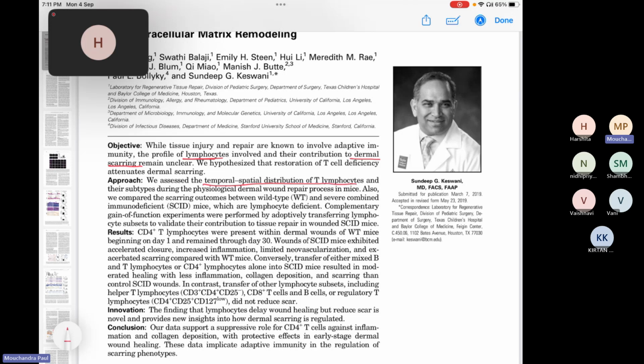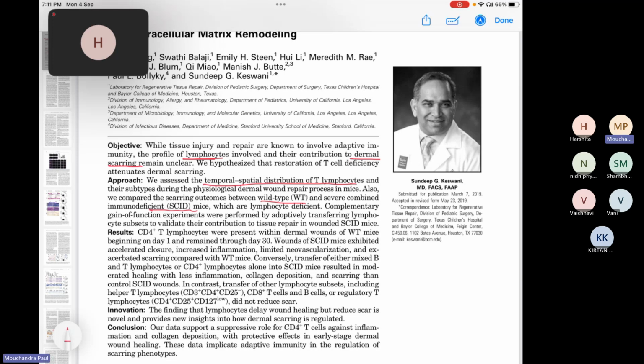And then they compared the scarring outcomes, which means how much scarring. By scarring, what I mean, I'll explain a bit later. They compared the degree of scarring between wild type mice and immunodeficient mice, also called SCID mice. The SCID mice do not have lymphocytes in their immune system, but they do have macrophages and leukocytes, WBCs.